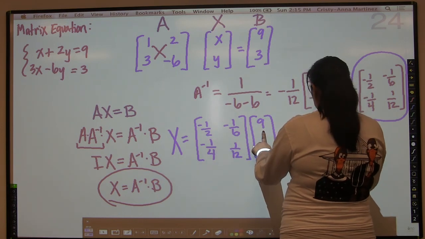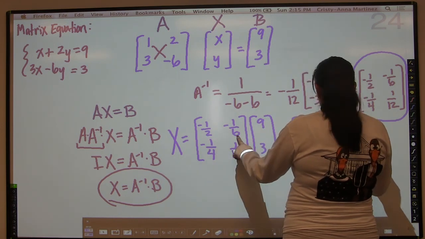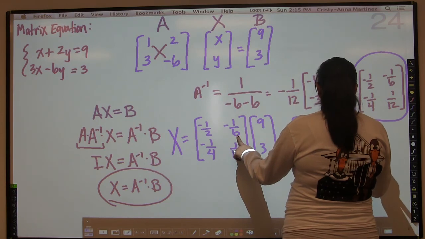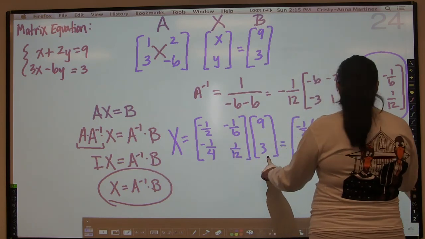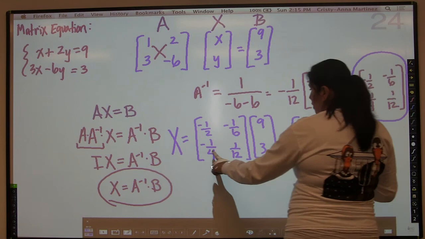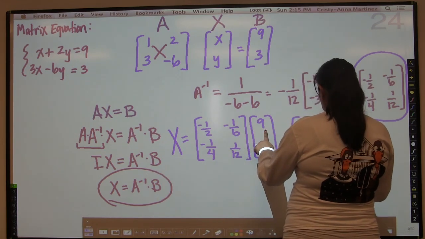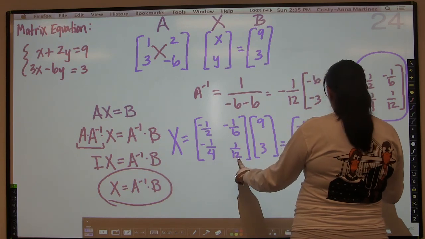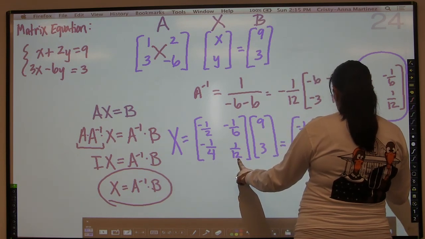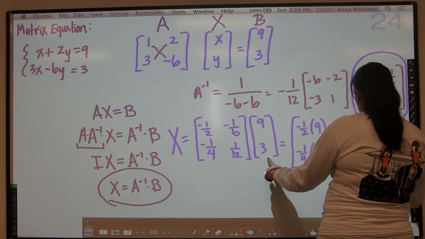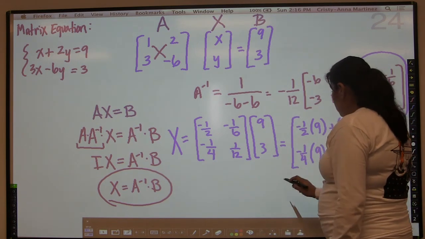times 9 plus negative 1/6 times 3. Then I'm going to go negative 1/4 times 9 and 1/12 times 3.